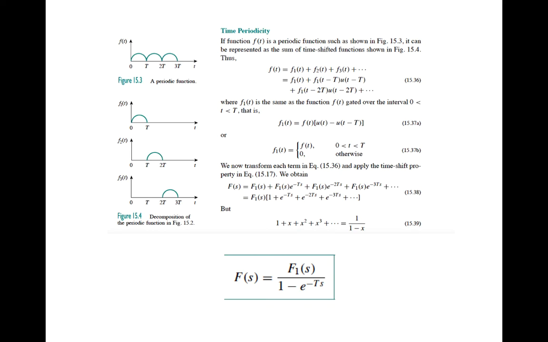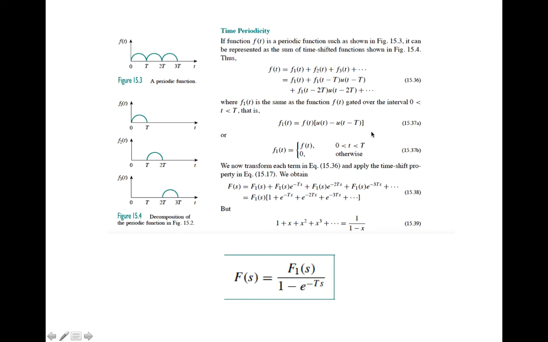But assuming we have something that turns on and then we have a series of pulses or waveforms or whatever, we could break that down, representing each waveform as an individual function. And then because the waveforms are identical, this function f2 is just function f1 time-shifted by a period, and f3 is f1 time-shifted by 2 periods. And so you can do some mathematical manipulation where you write this as a series expression.